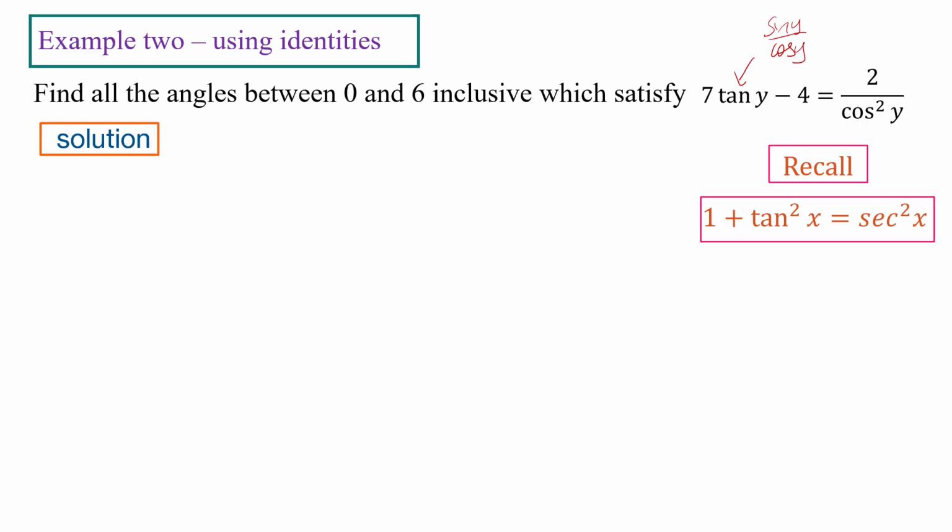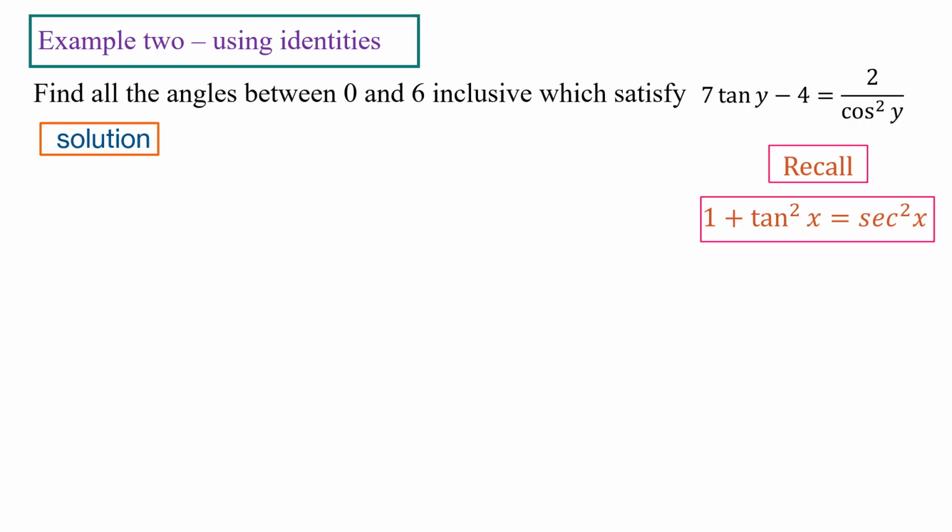I would advise you not to, because using that method will lead you to more steps. And sometimes the more steps you have, the likelihood of making mistakes, it's higher.